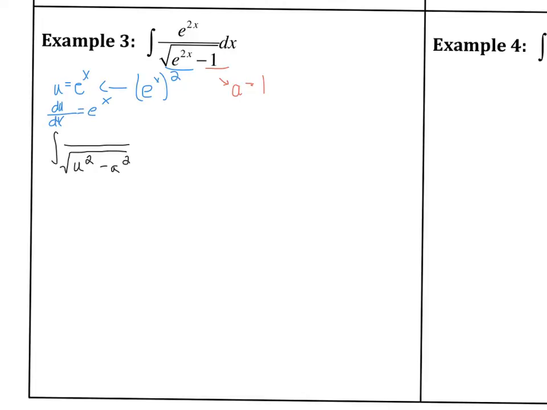Now we've got some stuff that we need to do. e to the 2x, technically that's also u squared, right? If u is e to the x, u squared is e to the x squared, which is e to the 2x. So I could write u squared up here, and then dx would be du over e to the x, which is actually just u.